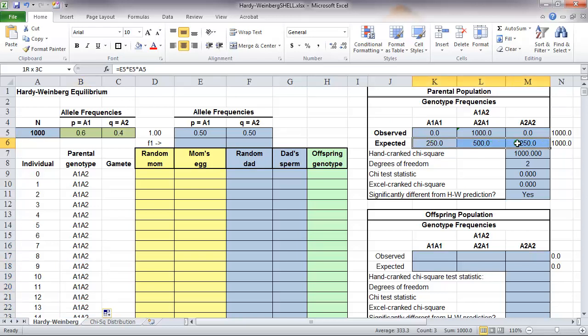When we calculate the expected values, what do we expect these numbers to be if the population were in Hardy-Weinberg equilibrium? We see very different results between observed and expected, and as a result, our chi-square test statistic is enormous. When we look at where this value falls on a chi-square distribution with 2 degrees of freedom, we see that there's hardly anything to the right of it.